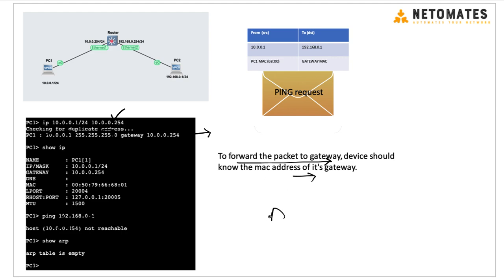So for that, it will send an ARP request for 10.0.0.254. I didn't configure the gateway yet, so I did not receive any ARP reply for that IP. That's why it is printing that it is not able to reach the gateway, so it cannot send this ping packet.